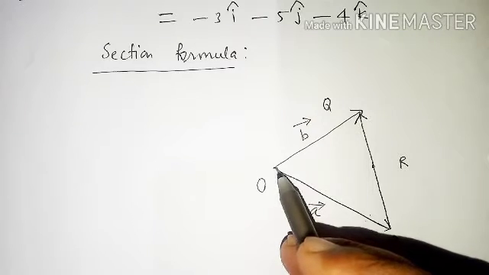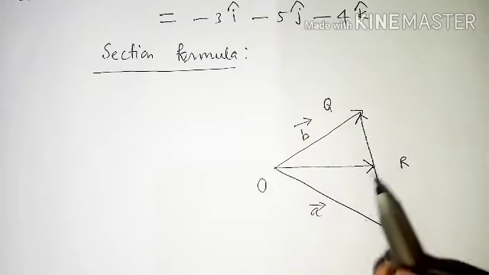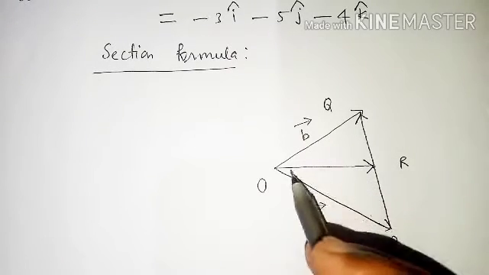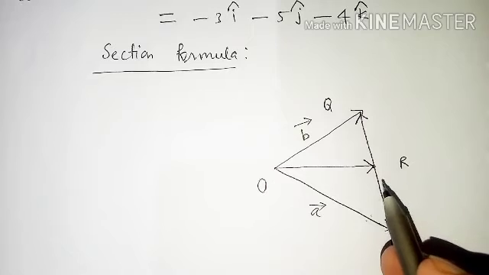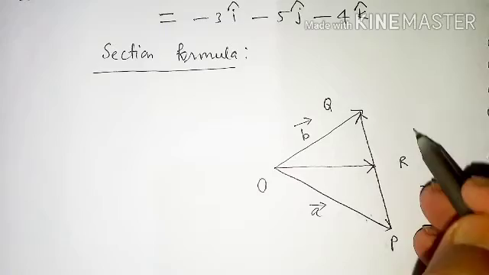If R lies on PQ, then it divides internally, whose position vector is vector OR. Suppose this divides PQ in the ratio m is to n.